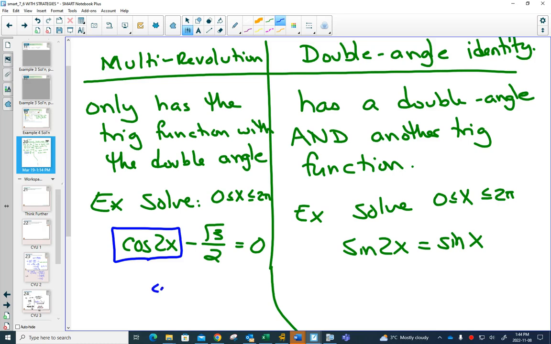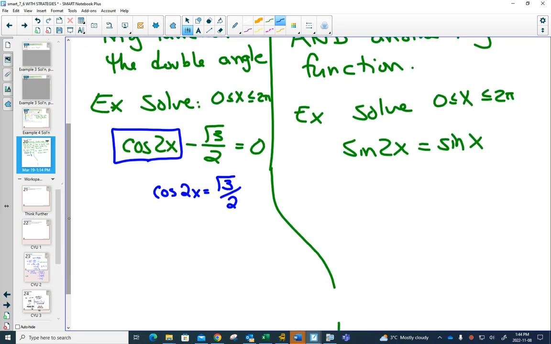Well, I would get the cos 2x by itself by adding root 3 over 2 to the other side. And then, how do I solve a multi-revolution question? First of all, I take my domain, multiply everything by 2. So I now know that I'm going twice around the unit circle. I solve for 2x.